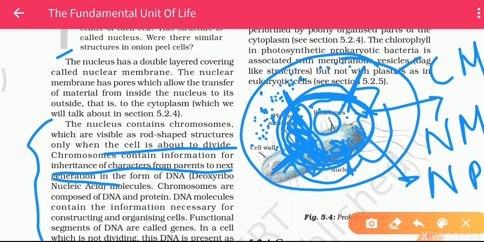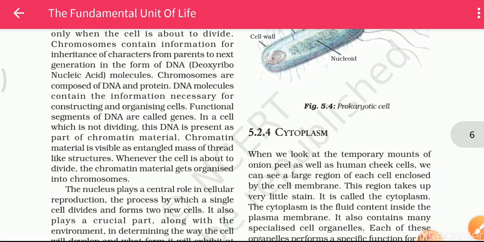Then students, these chromosomes are made up of DNA and protein. The composition of the chromosomes is DNA and protein, and these DNA molecules contain genes, functional genes. Functional segments of the DNA are called genes. Now see the next paragraph here.